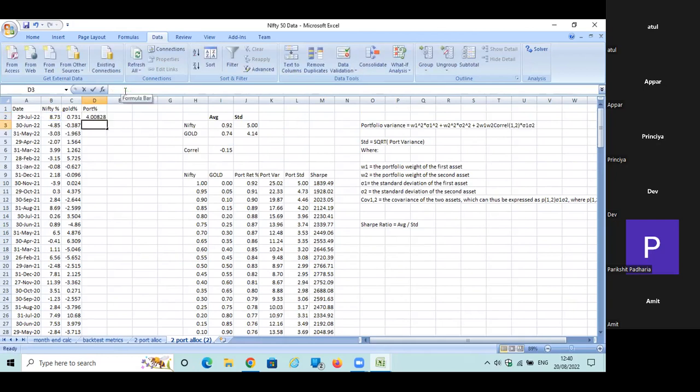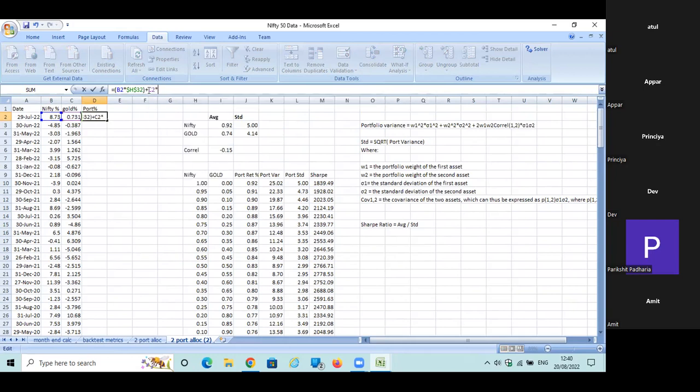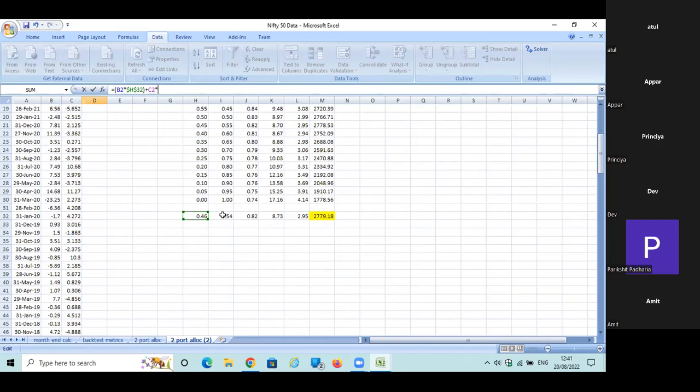Plus C2 into the same H33. No, come down and put it. Lock it. Nothing, no, only I32, right?